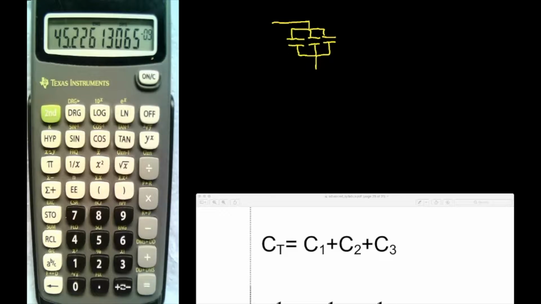So we know from our intermediate course that the capacitance of a capacitor depends on the area of the plates, the distance between the plates, and finally the dielectric in use.